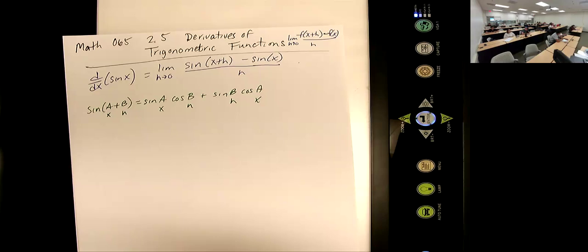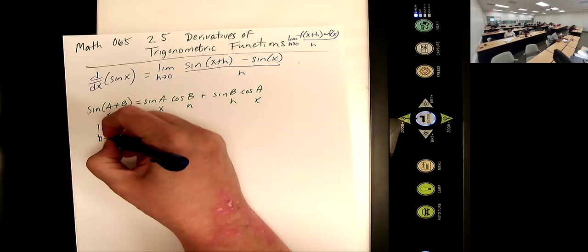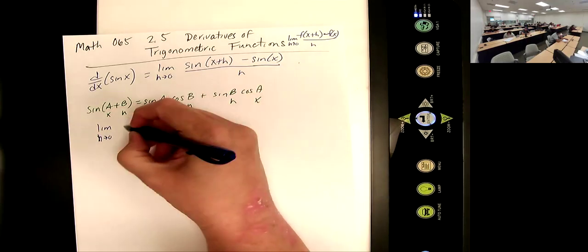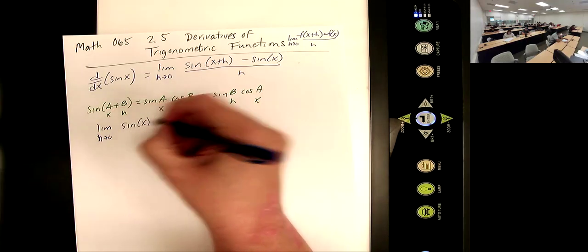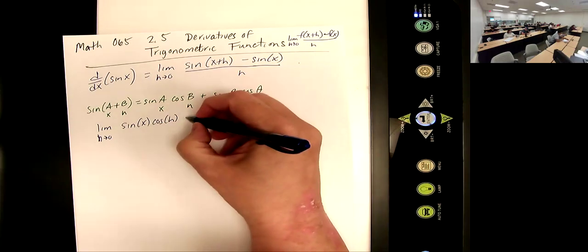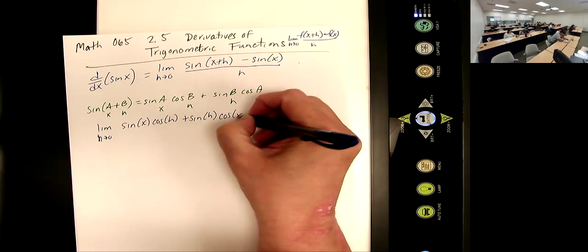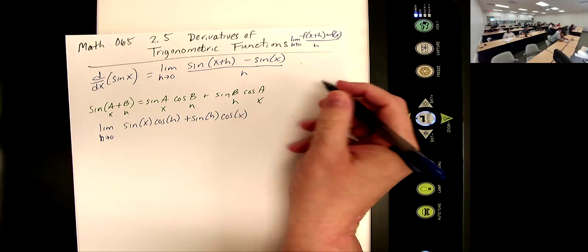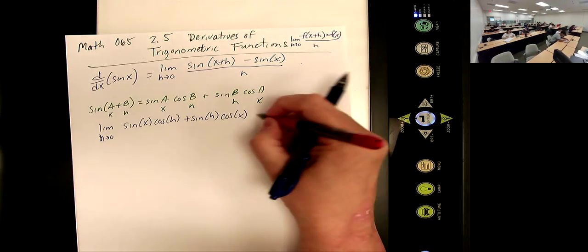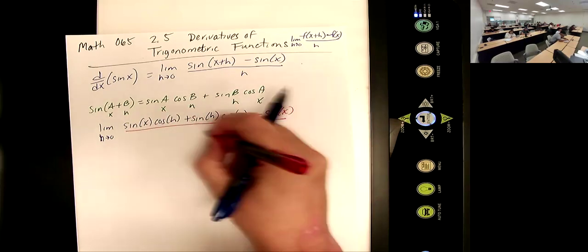So this becomes the limit as h goes to 0 of sine of x cosine h plus sine of h cosine x. That's the part we changed. And then the parts we didn't change were the minus sine x and then over h.